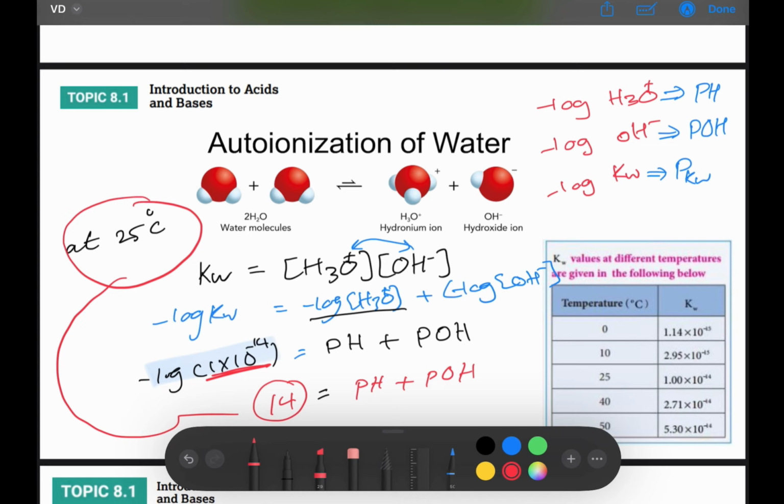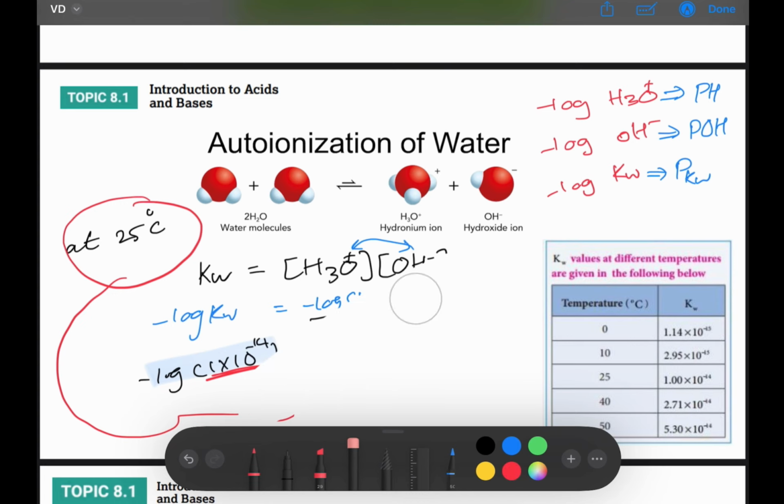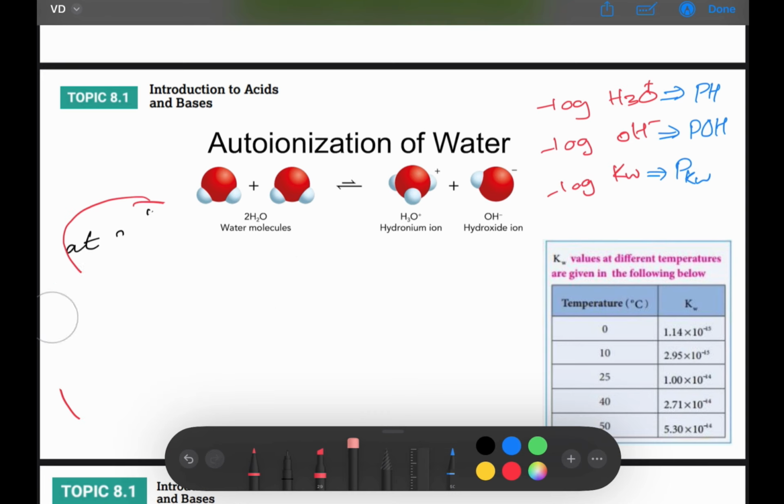So this method will help you a lot in your examples. And one more thing to be discussed with you. If you want to change the pKw into Kw, you have to use the antilog, which is 10 to the power negative pKw.